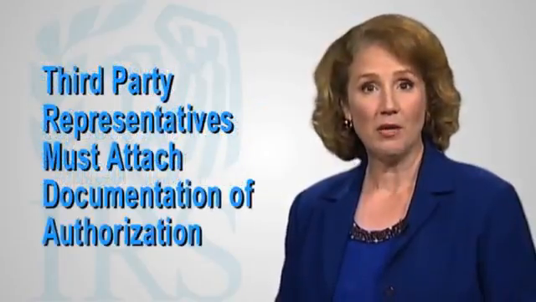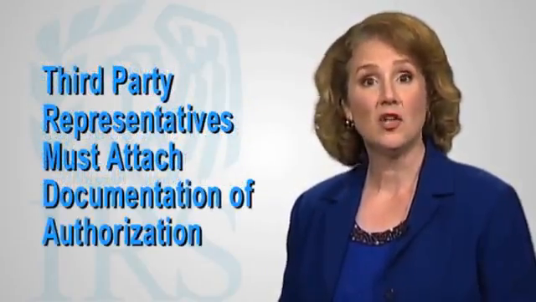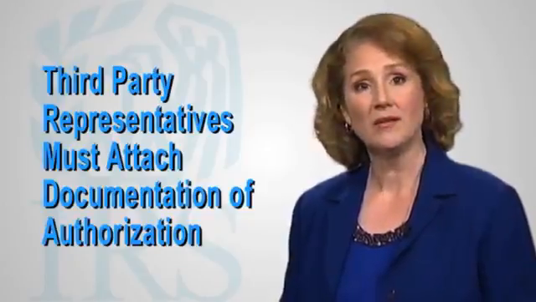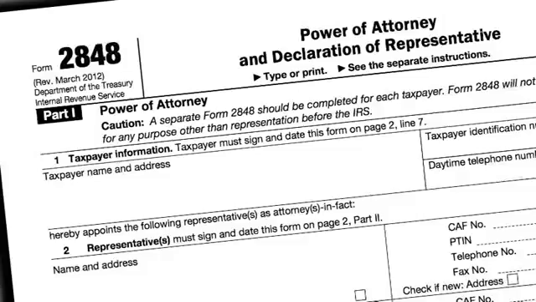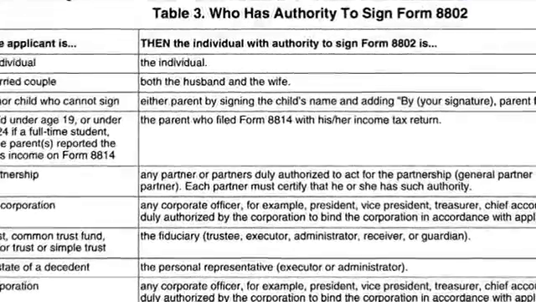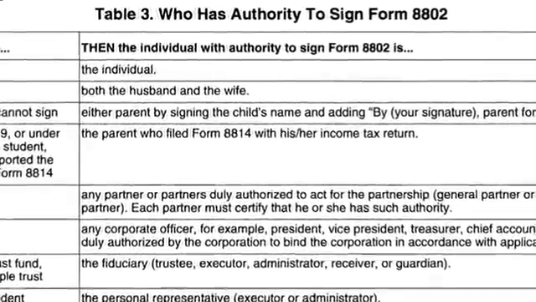A third-party representative with authority to sign the form must attach documentation of the authorization. For example, Form 2848, Power of Attorney and Declaration of Representative. See Table 3 to determine who has the authority to sign Form 8802.